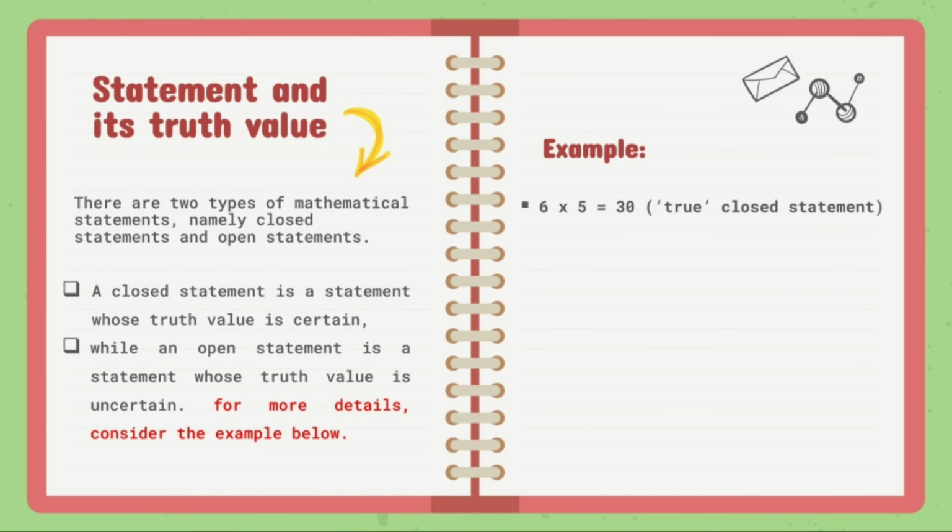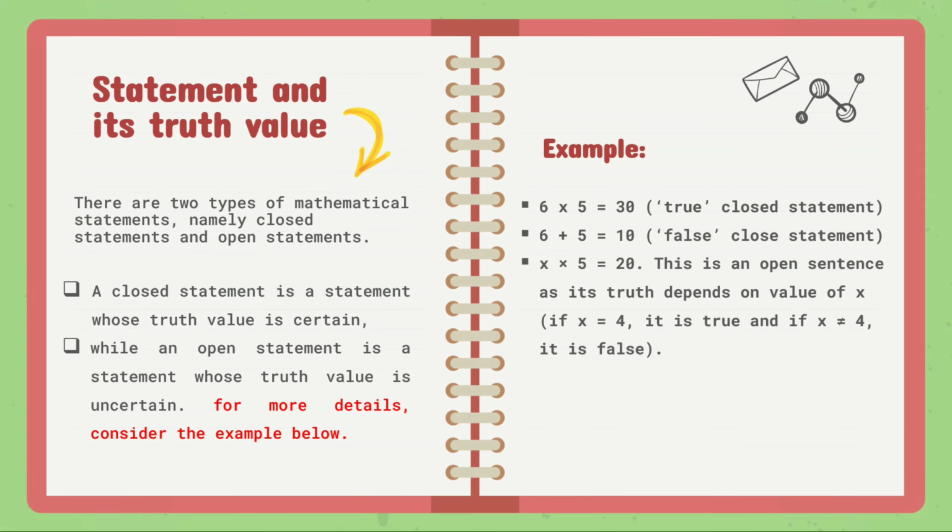6 multiplied by 5 equals 30. That is a true closed statement. 6 plus 5 is 10. That is a false closed statement.